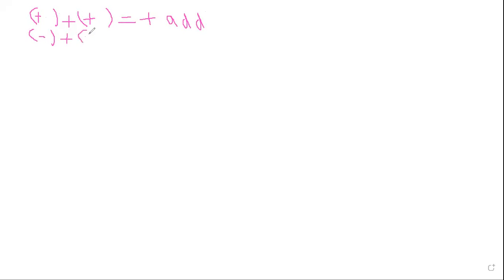So if we are adding two negative numbers, my answer will be negative, and also we add both numbers as we did above. Now, if we are adding a positive number with a negative number, as you can see here, in this case, we have different signs.